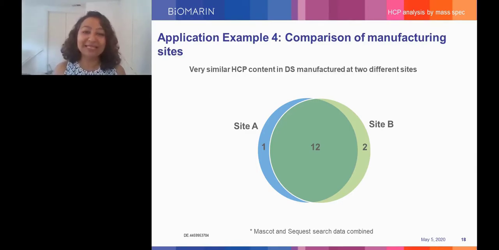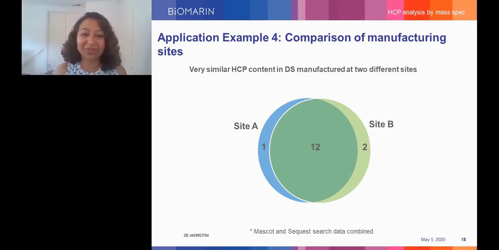So this is an example of comparing two sites, and what you can see is the two sites are really quite comparable because they both give you similar HCP content in the drug substance. Site A has 13 HCPs, site B has 14 HCPs, but 12 of them are common.